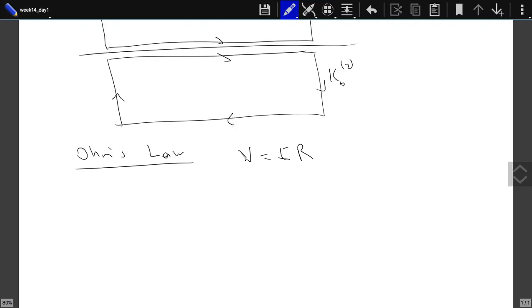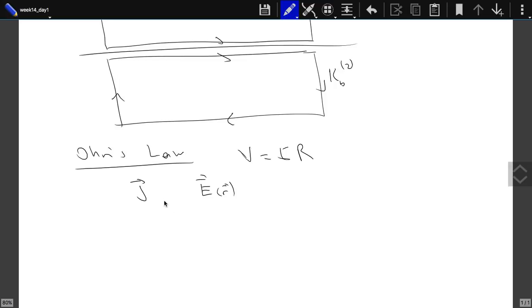Now we will be using another definition of Ohm's law in this course, since we are basically dealing with current densities. So the current density inside the conductor will be proportional to the electric field at that point.